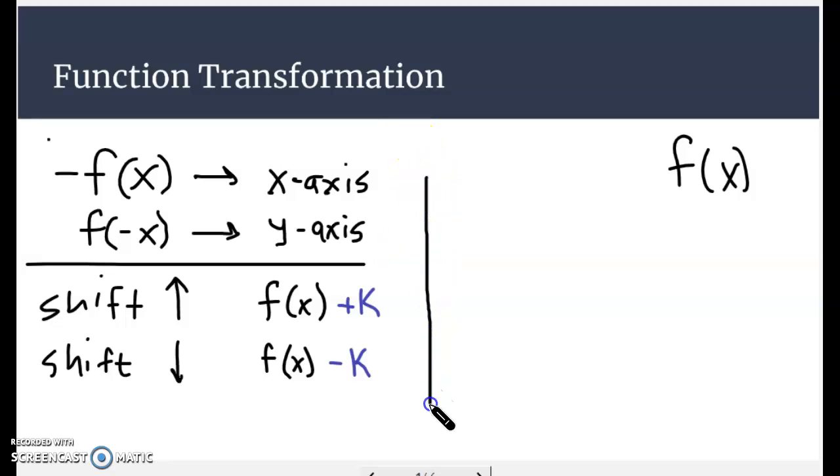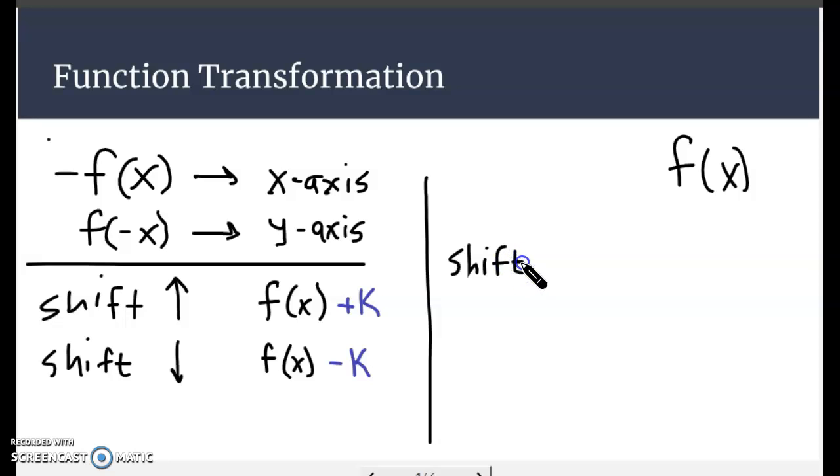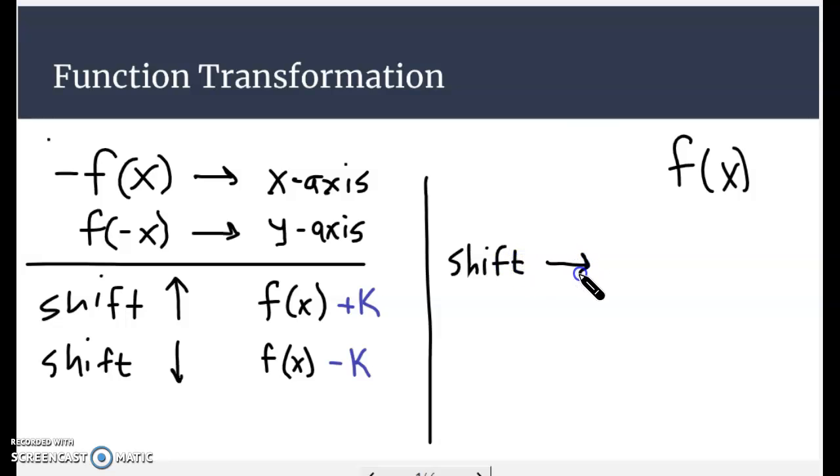All right, and then finally we need to discuss shifting left or right. And given the up and down was sort of intuitive, we have a positive meaning up on the xy axis, positive y values mean go up, negative means go down.